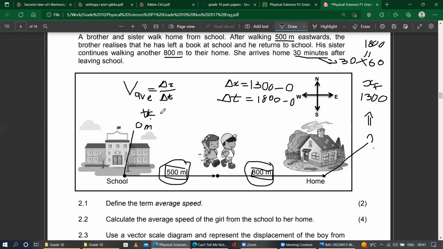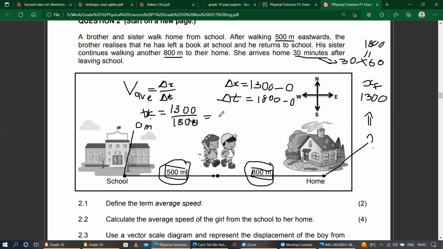So that means our velocity is going to be 1,300 divided by 1,800. So what's the answer for that? 13 over 18.